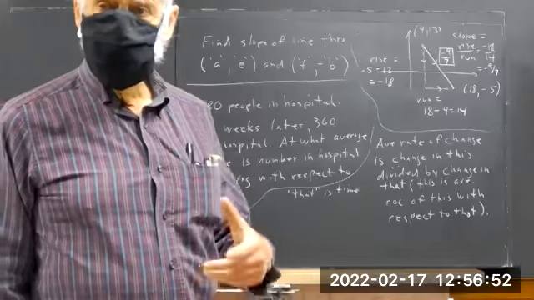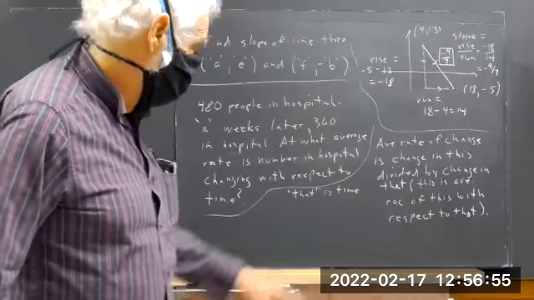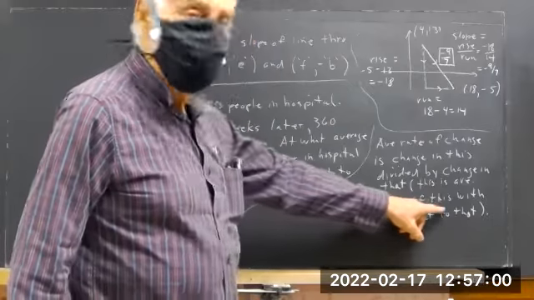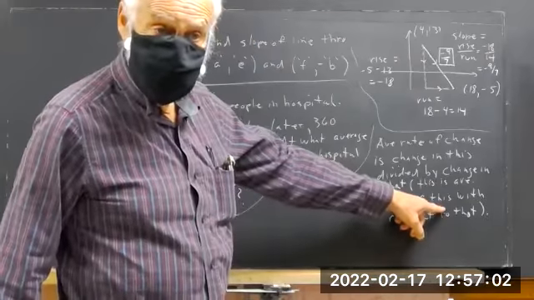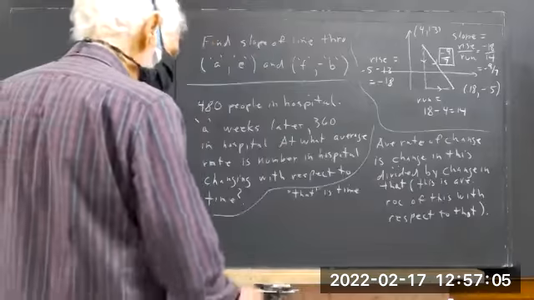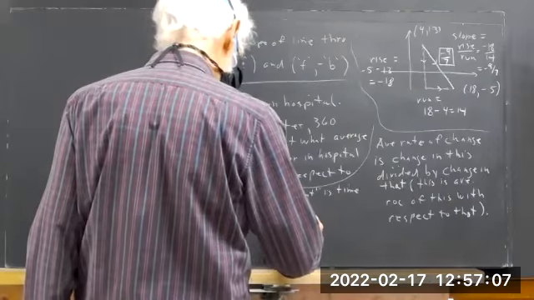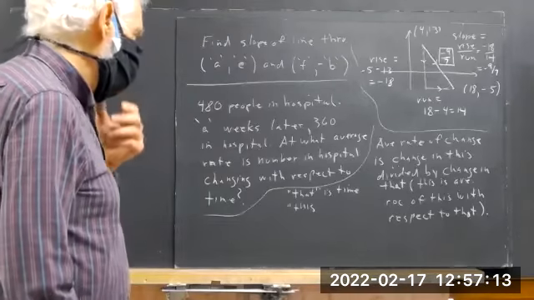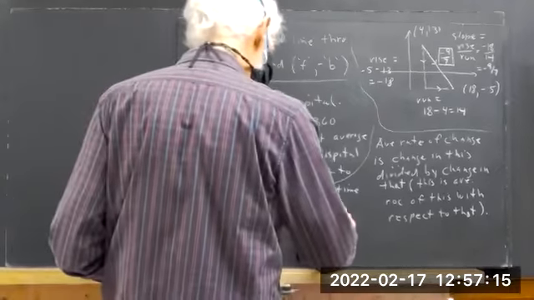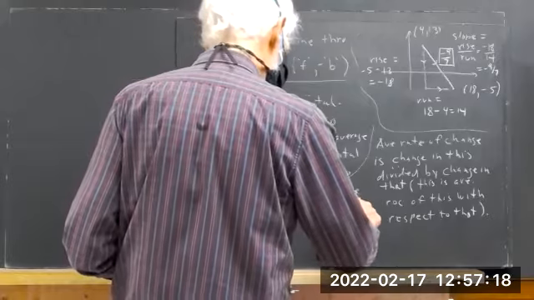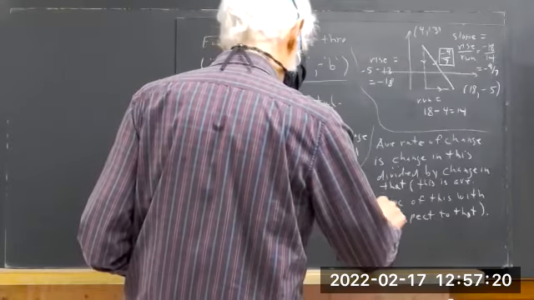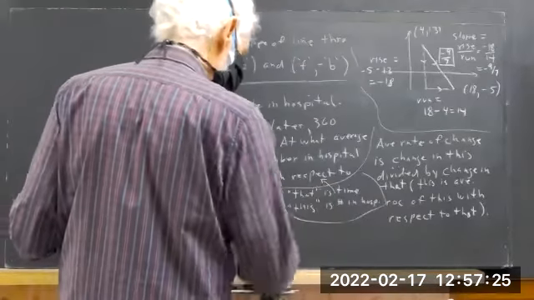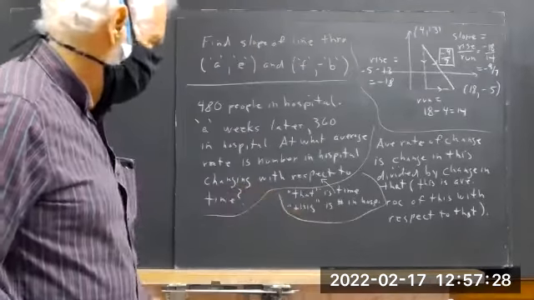Well, when they say the average rate of change of this, right? So it's easy to identify this. Okay. So for this problem, that is the time and this is the number in the hospital.